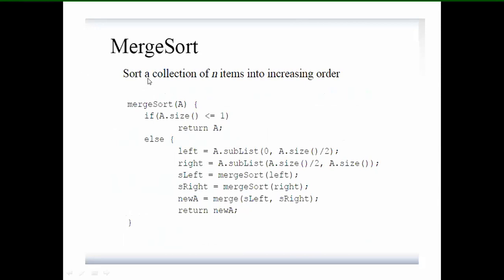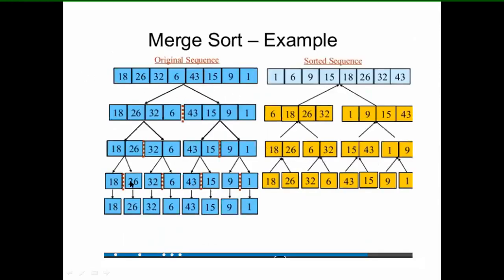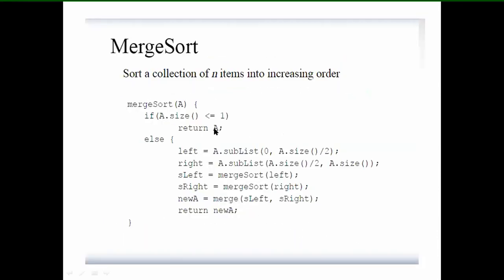Okay, so this is the algorithm for merge sort in increasing order, for example 1, 6, 9, 15. This we call increasing order. If the size is less than or equal to 1, return A, because a single element is already in sorted order.